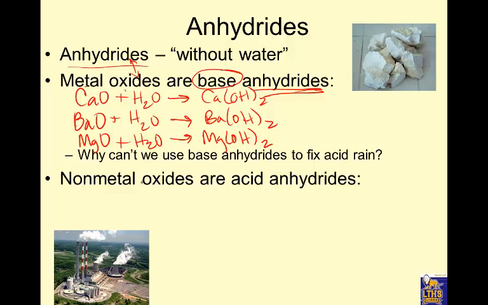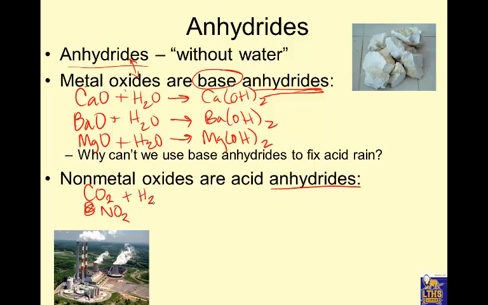All right. So non-metal oxides. Let's throw some up here. CO2, NO2. All right. So non-metal with oxygen. Those are gases. They are called anhydrides because they are without water. But they're called acid anhydrides. Why?